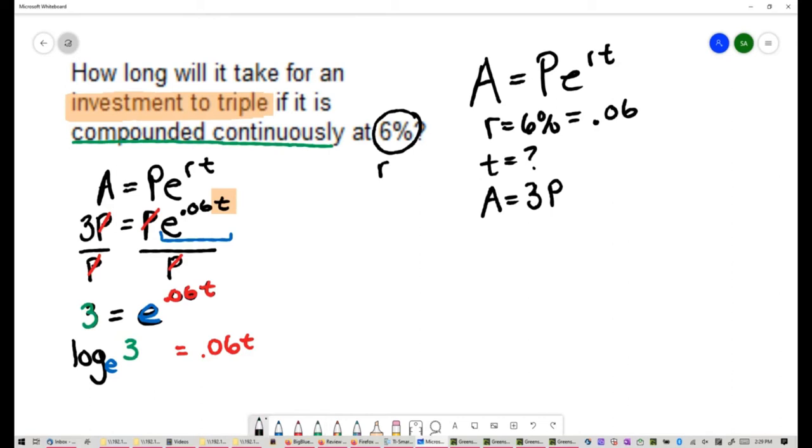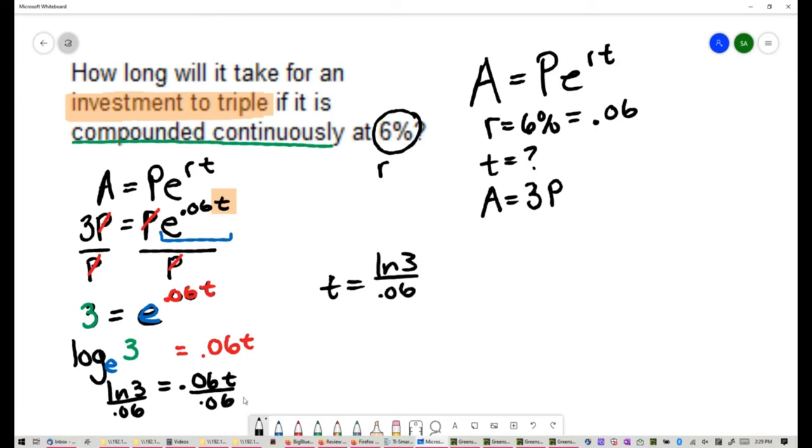I'm going to rewrite it without the colors, and also we don't typically write log base e. We have a special notation, which is natural log of 3. Natural log of 3 equals 0.06t. And then I can divide both sides by 0.06 to solve for time. So we have natural log of 3 over 0.06.